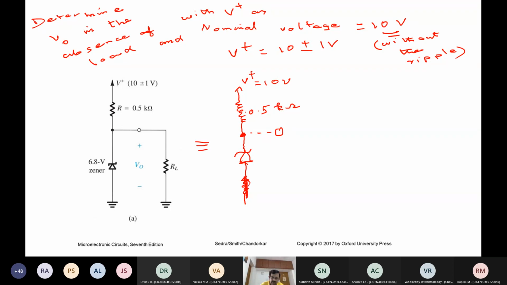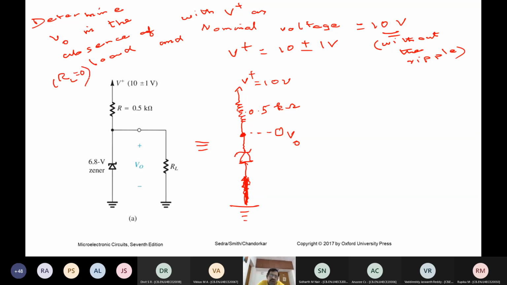We have to be careful: if the Zener is drawn, the incremental or dynamic resistance is taken into account on the Zener, but right now let us think that there is no such stuff here. So at this terminal, V0 with respect to ground, what will be the output in the absence of load? So RL is 0.